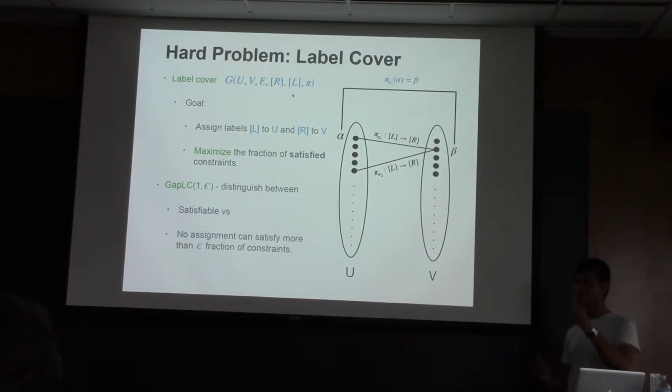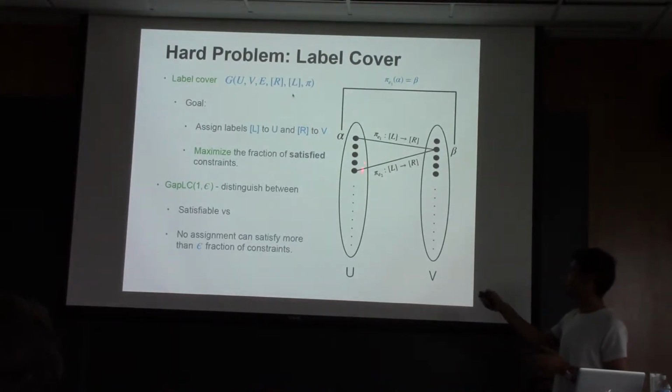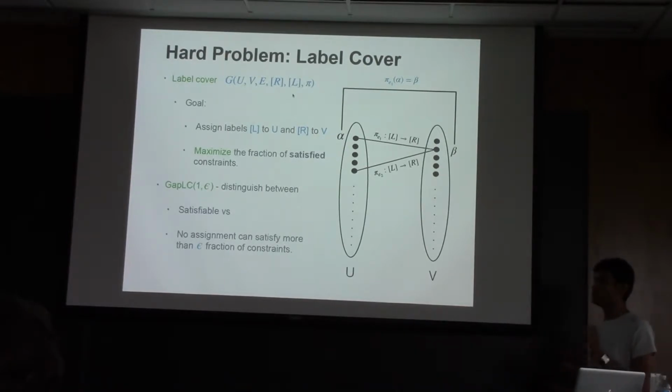So think of epsilon as 0.1, 0.001, or you can think of epsilon as even sub-constant with respect to the size of the graph. So here the task is just distinguishing between satisfiable versus satisfying some 0.001 fraction of the constraints.